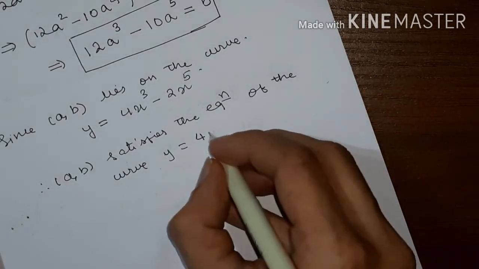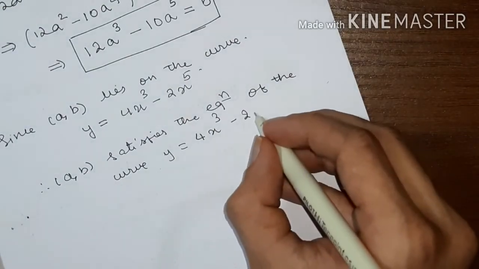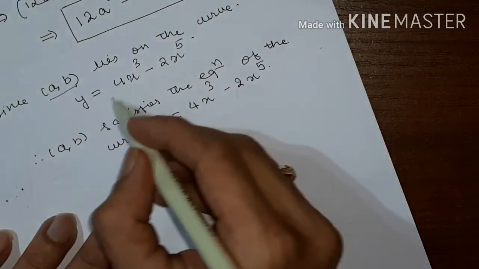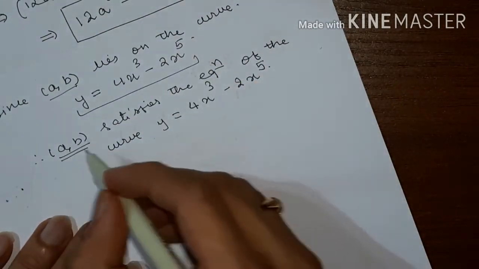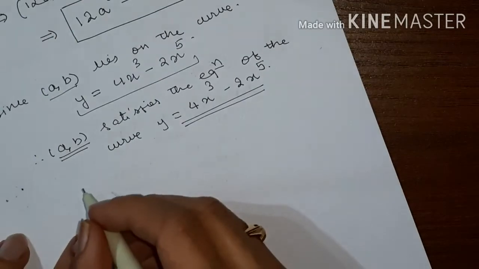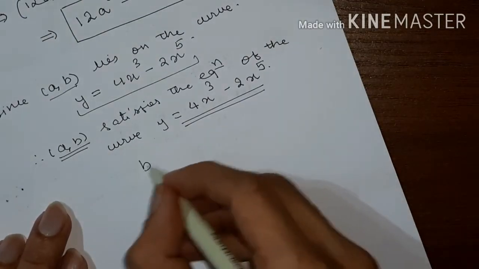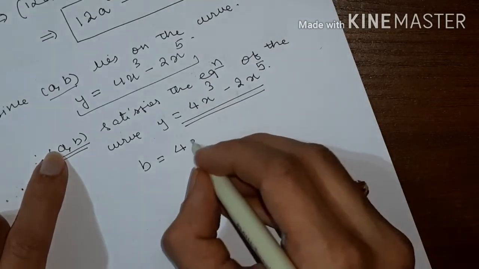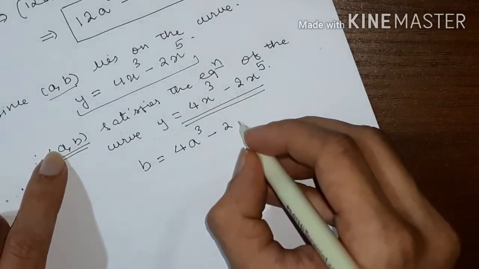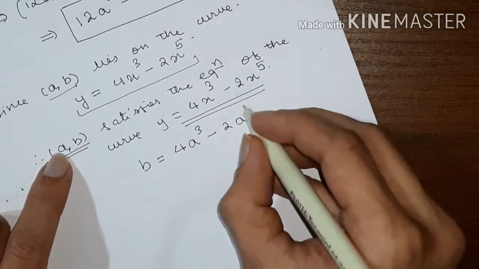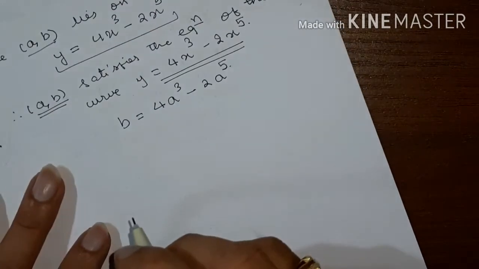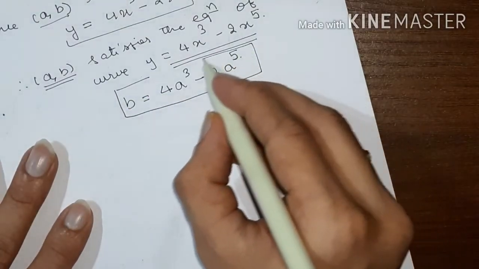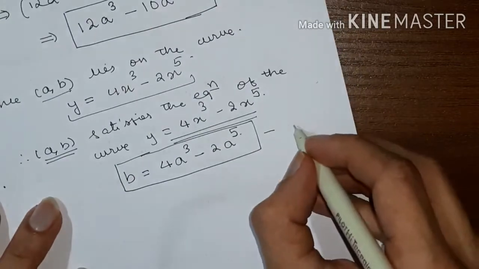So y, which is b, will be equal to 4 times a cubed minus 2 times a raised to 5. This is one more equation that we have got, we can call it equation 5.